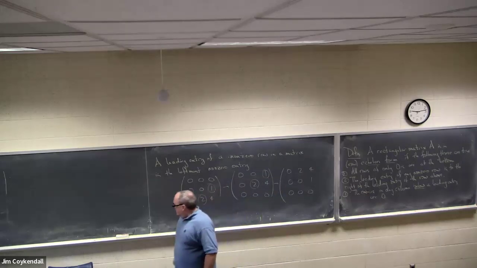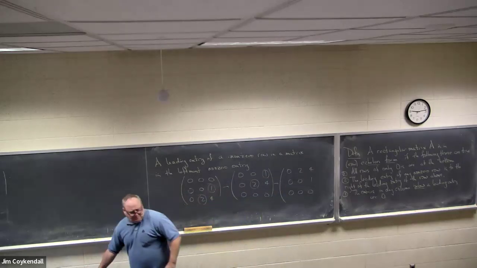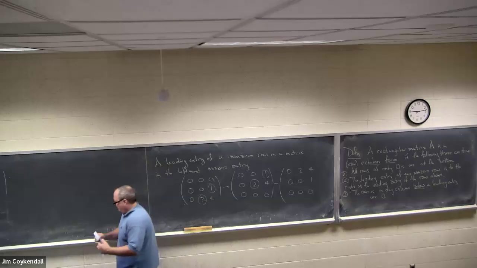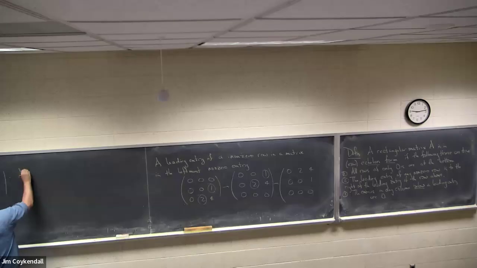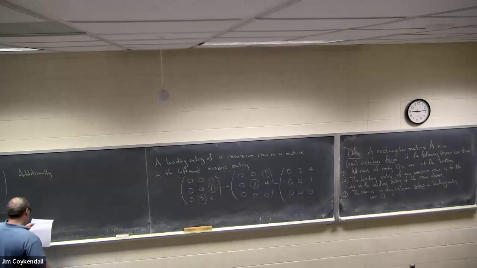Right? But we actually want to do a little better. So I'm going to add a couple other conditions. So additionally, so that's row echelon form. Now I'm going to give it some steroids here or something.